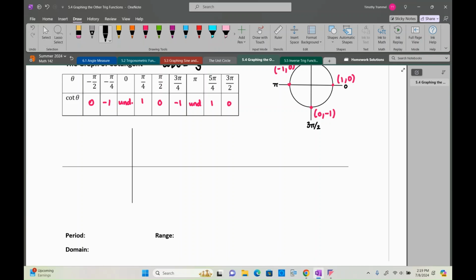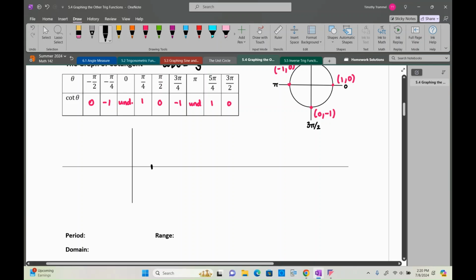It's going to look very, very similar to tangent. And we'll be able to compute these values that go on the x-axis, just like we did with sine and cosine. The primary difference here is the period's different.